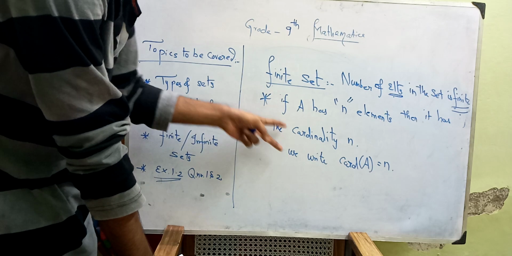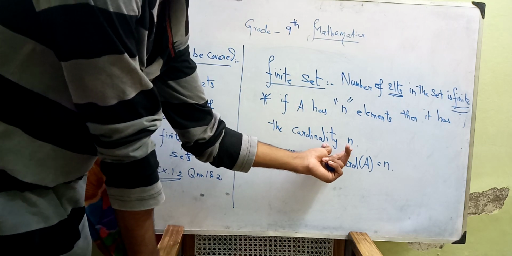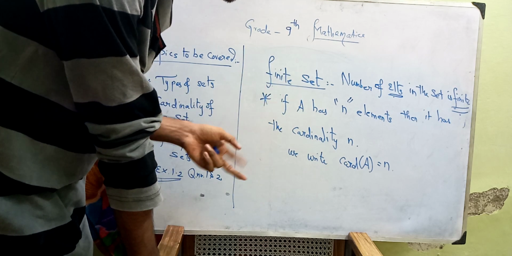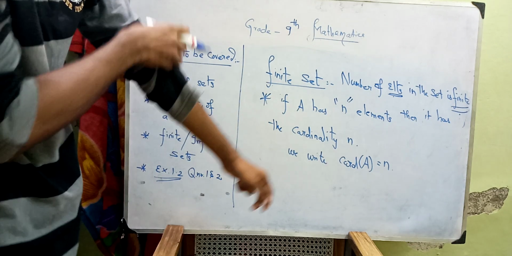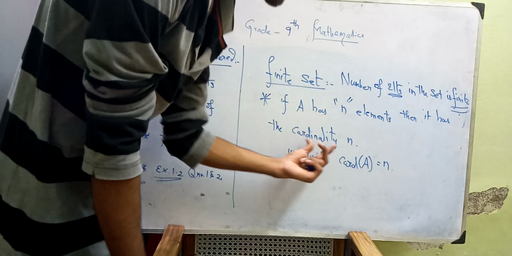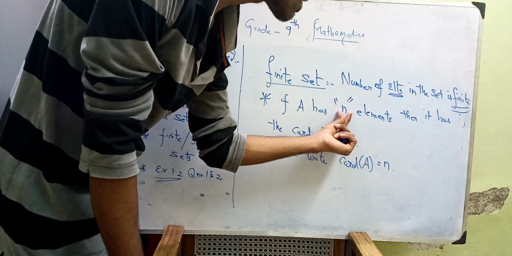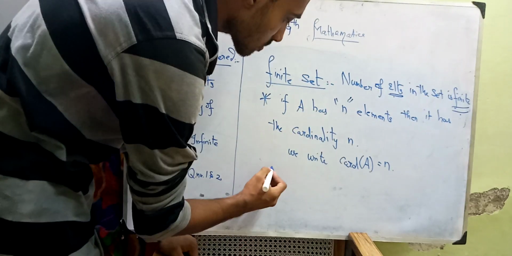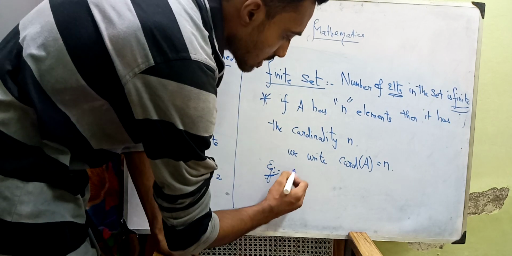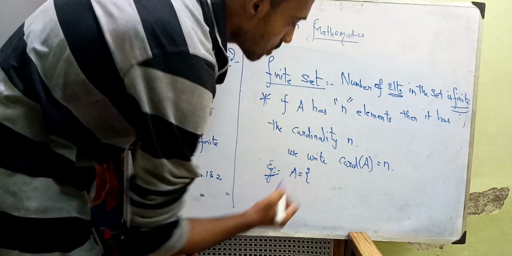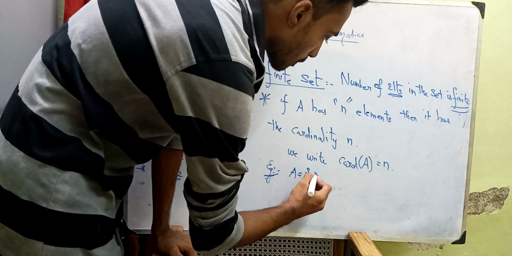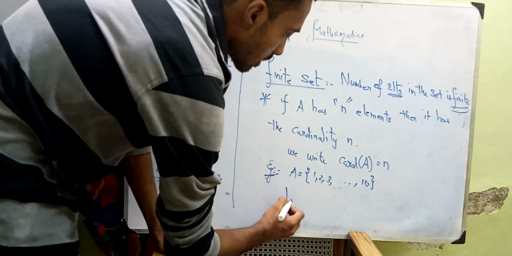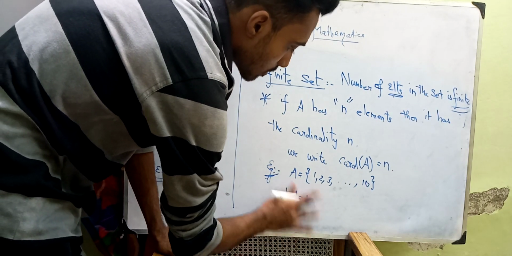Because we just learned cardinality previously, I'm using cardinality again and again here in finite sets, as well as to denote infinite sets. If A has n elements, we generally use n as a general meaning. We will look at some examples. For example, A equals 1, 2, 3, and so on up to 10. Then its cardinality is 10.